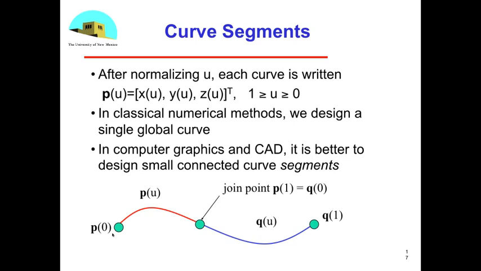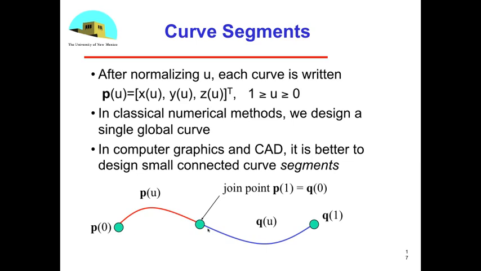So if u goes over 0 to 1 for the red curve, and then starts again at 0 for the blue curve, then I want to make sure that q of 0 is the same as p of 1 to get this continuity. So I have an additional condition by saying I want to work in segments. But we're virtually always going to want to work in segments. It's the natural way.